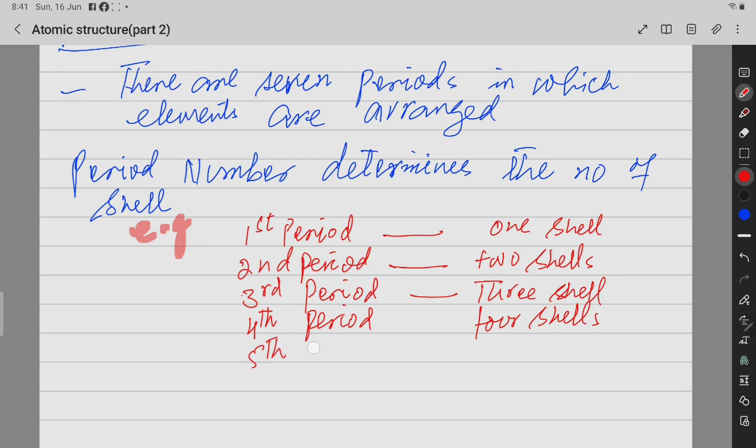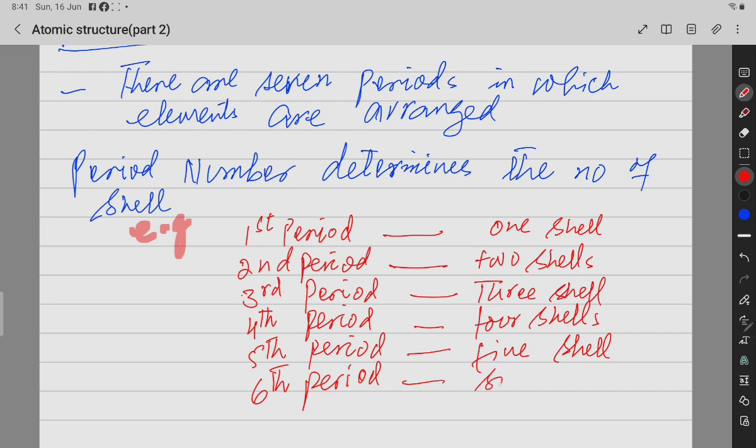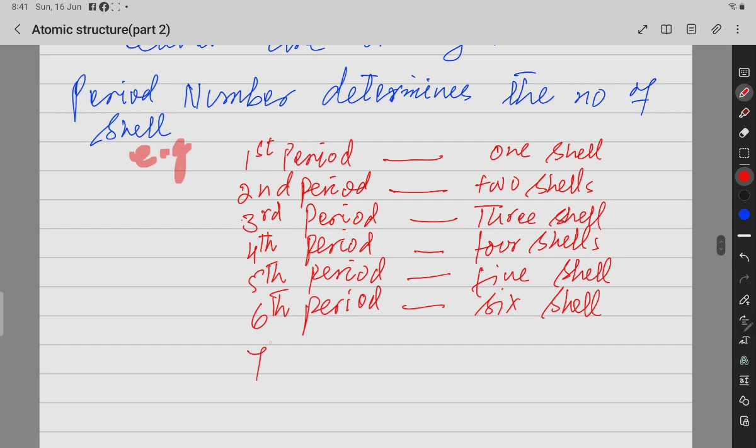Similarly, the fifth period has 5 shells, the sixth period has 6 shells, and the seventh period has 7 shells. So the period number determines the number of shells in which electrons are arranged.